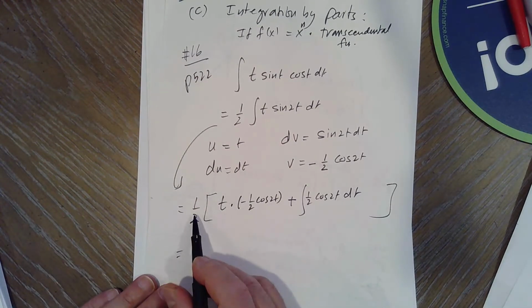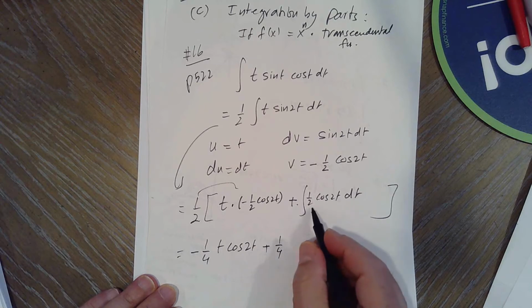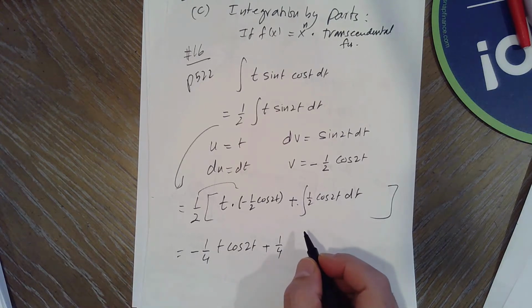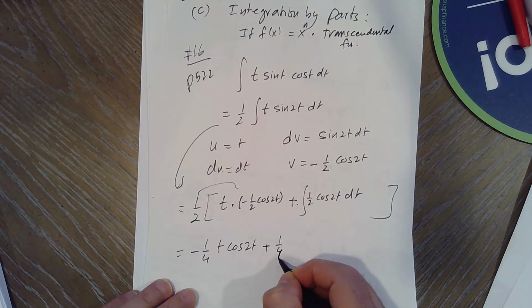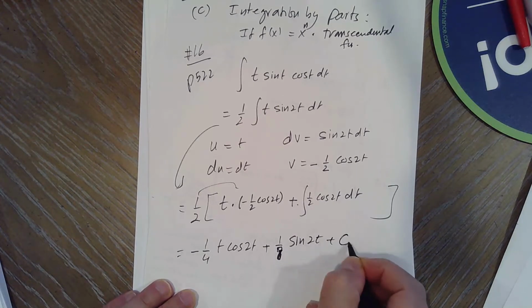So that's 1/2 times negative 1/2, negative 1 over 4 t cosine 2t, plus 1/2 times 1/2, 1 over 4. The integral of cosine is sine, and then we need another 1/2, so it's 1/8 sine of 2t plus c.